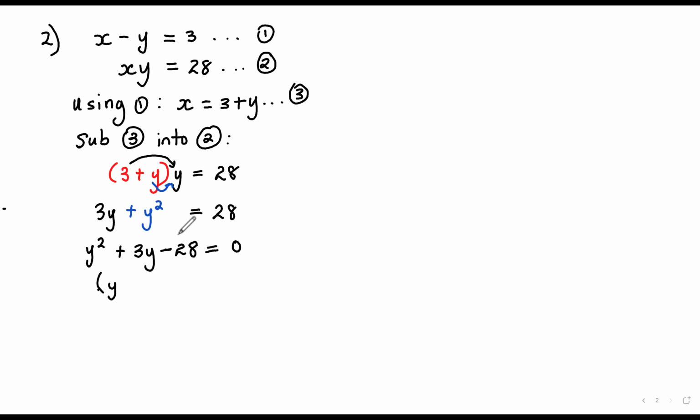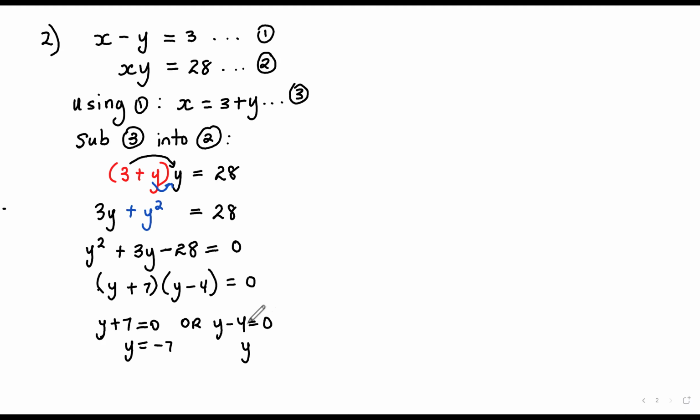So my two factors will be y plus 7 and y minus 4. Has to be plus 7 and minus 4 because plus 7 times minus 4 is minus 28 and 7 take away 4 is 3. And once you reach here, you would say y plus 7 is equal to 0 or y minus 4 is equal to 0. So if y plus 7 is equal to 0, y is equal to negative 7, or if y minus 4 is equal to 0, y is equal to 4.